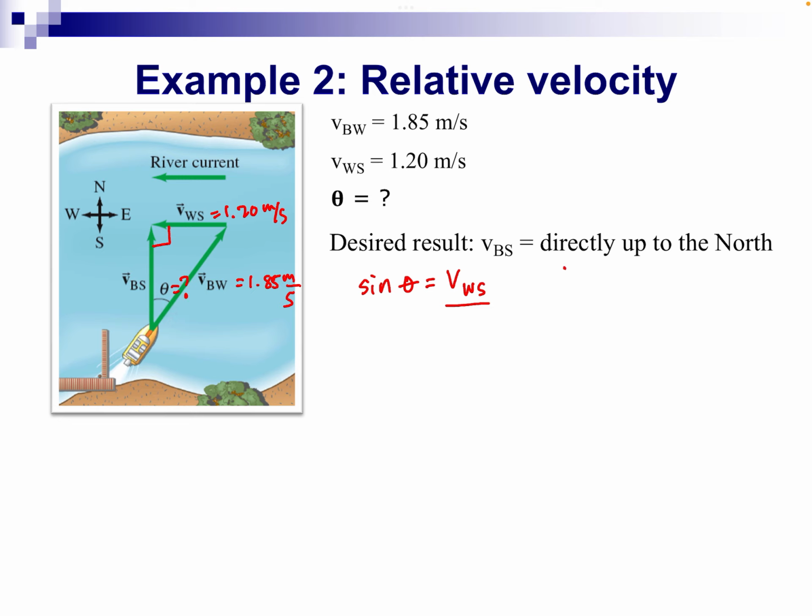Sine theta, you have the mnemonic SOH: sine theta is equal to opposite side divided by the hypotenuse. The opposite side is VWS, the hypotenuse is VBW, in which case it's just a matter of rearranging to find theta. So it will be the arcsine of 1.2 divided by 1.85, which will give you an angle of 40.4 degrees.